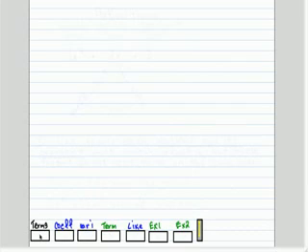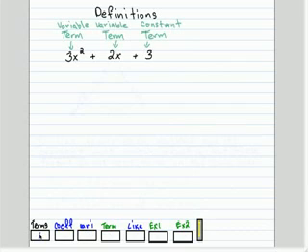And when we talk about algebra, we talk about terms. We have variable terms and we have constant terms. A variable term is made up of a coefficient, and that's that number in front of the variable, and of course the variable.